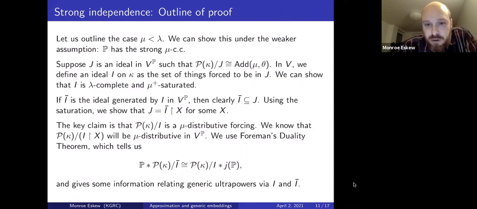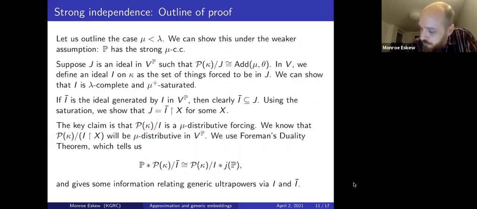So I'm not going to give the argument for this because it's just a little bit technical, but I'll just say that, well, we know since P(kappa) mod I bar restricted to X is just P(kappa) mod J in V^P, that's Cohen forcing, so that's mu closed, right? That's going to be mu distributive in V^P, but how do you show it's actually this P(kappa) mod I is distributive in V?